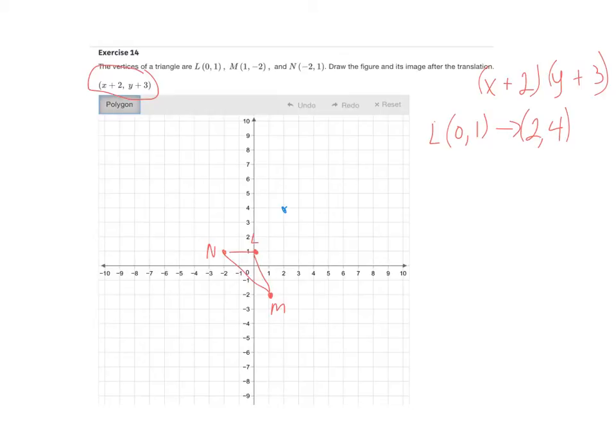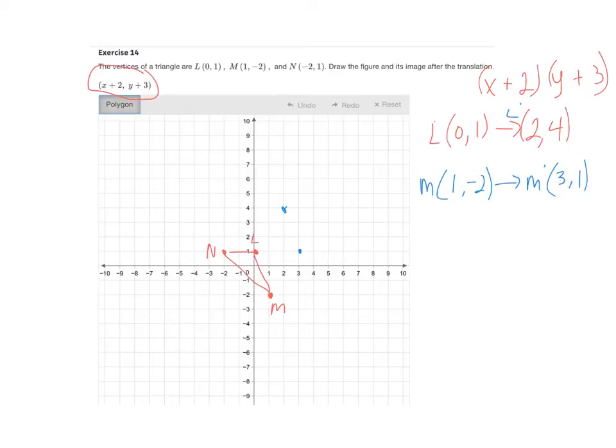Okay, and this was L prime, I forgot to put that. We have M, which is 1, negative 2. We're going to put that through the rule to get M prime. So 1, we're going to add 2. 1 plus 2 is 3. Negative 2 plus 3 is positive 1. 3, 1 looks like that.